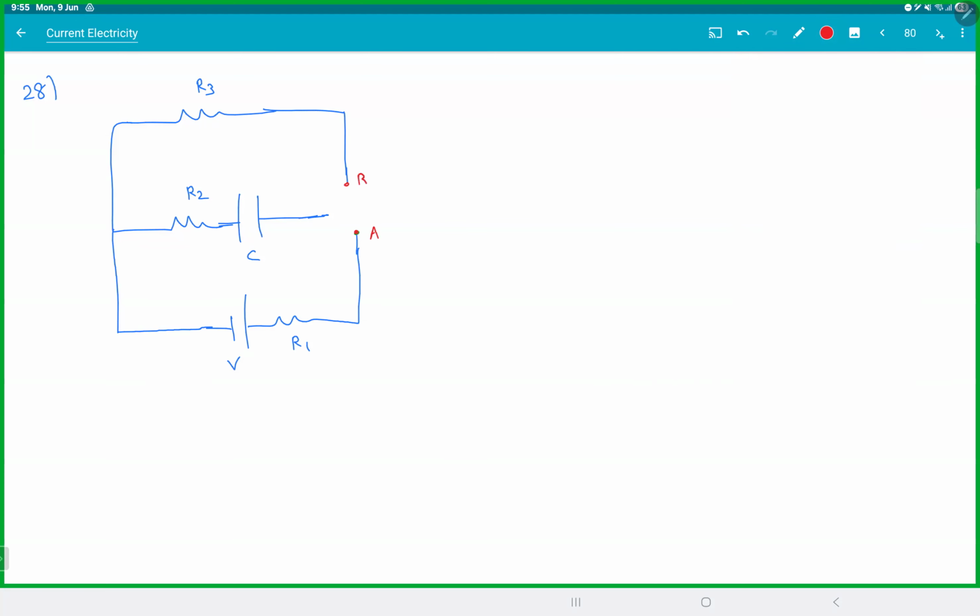This is A, this is B, the switch is like this. Initially the switch is connected to A for a long time. Then the switch is flipped between A and B for a time interval of T.